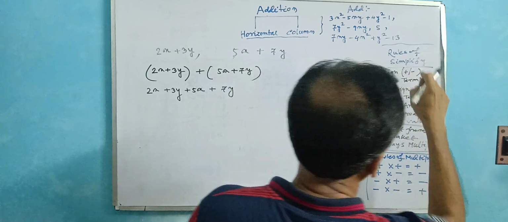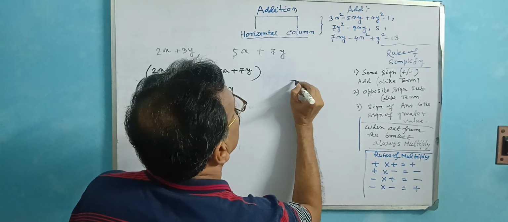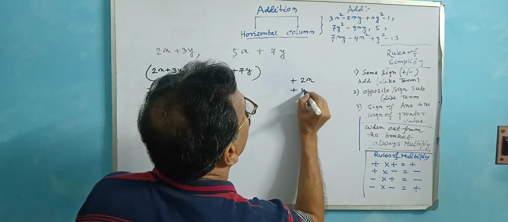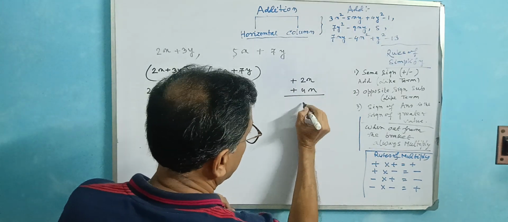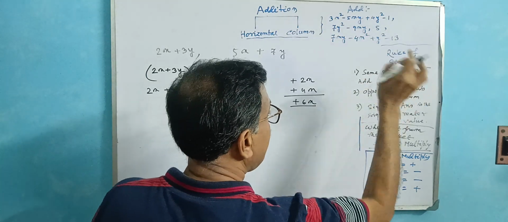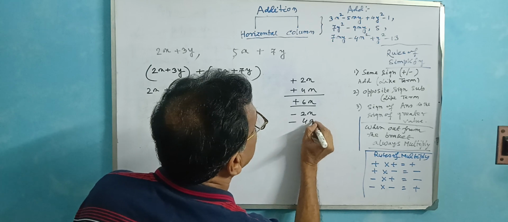Here I write down the rule of simplify. Same sign addition. Suppose 2x, 4x. Same sign add: 4 plus 2, 6x, and the sign is this. This is called same sign add. Suppose here is minus 2x, minus 4x.